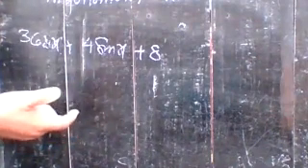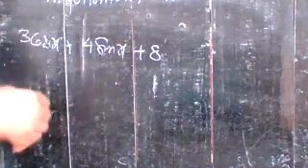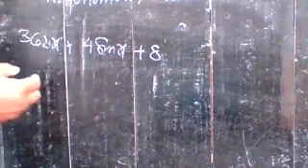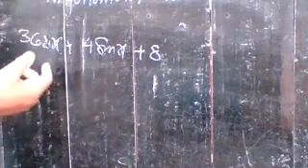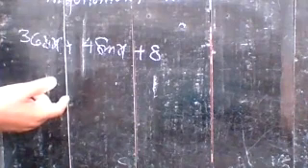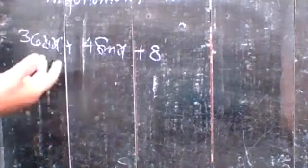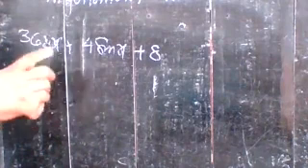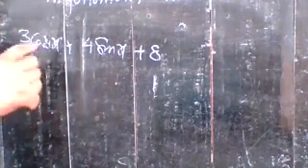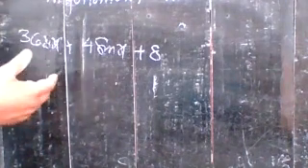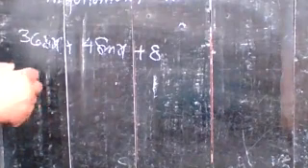Why? Because the minimum and maximum value of any function is the value of its range. In other ways, this question is also asked as: find the range of this function.